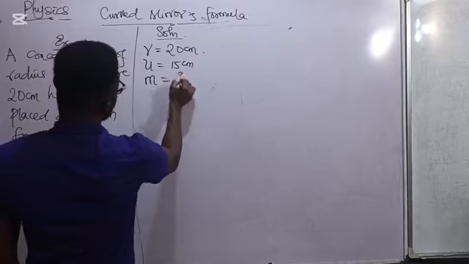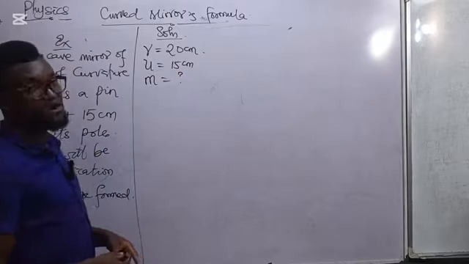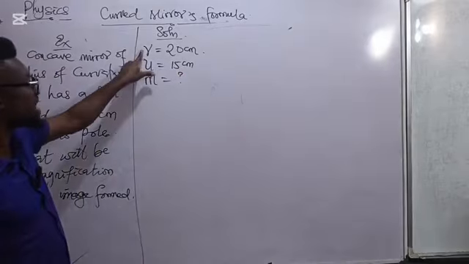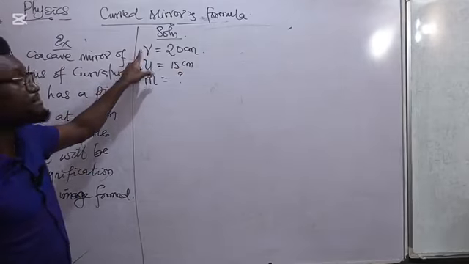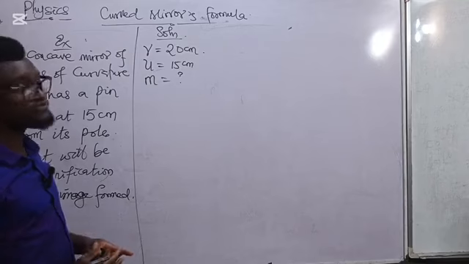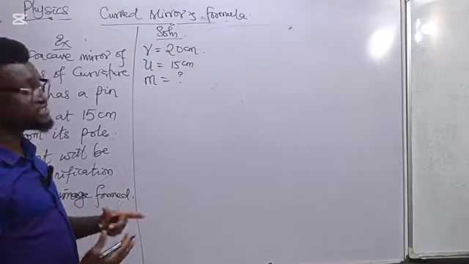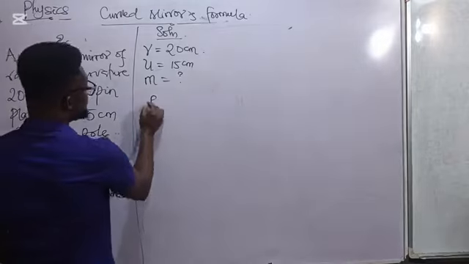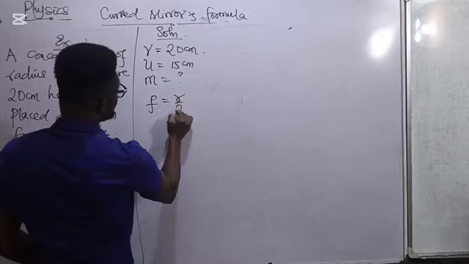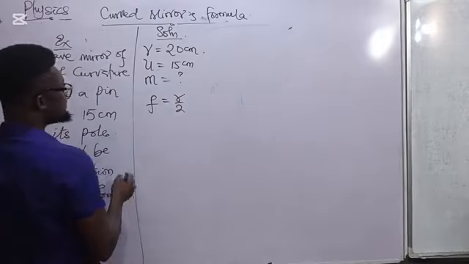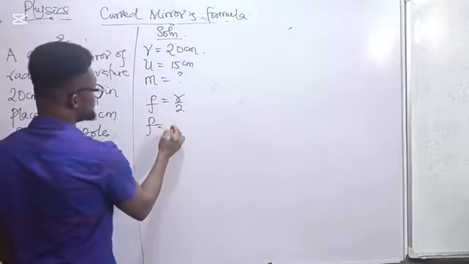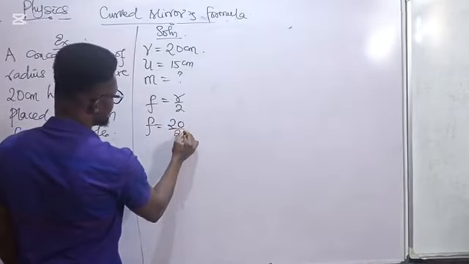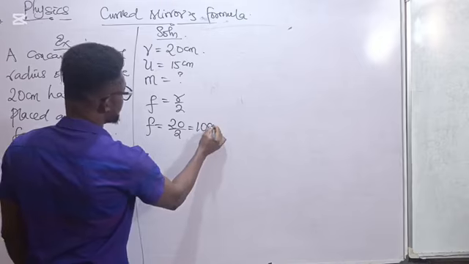Now we are looking for the magnification. From the formula we don't have R, the radius of curvature, but there is a relationship between the radius of curvature and the focal length, which we have in our formula. We remember that focal length is half of the radius of curvature. So our focal length now becomes 20 divided by 2, which gives us 10 cm.